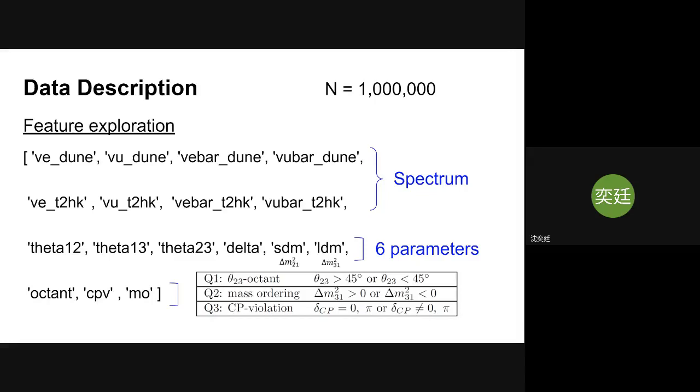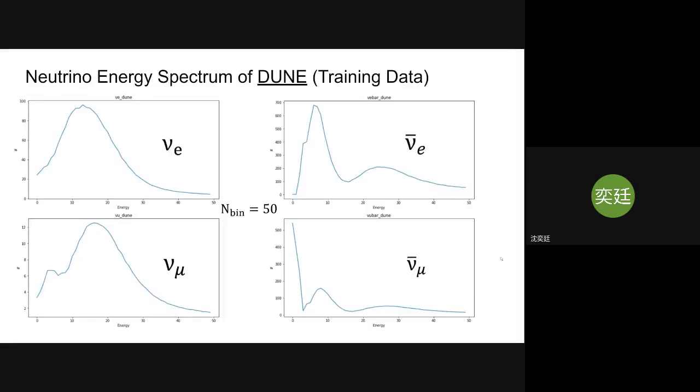Here, DUNE and T2HK are set by 2 experimental settings, such as the oscillation distance or the flux parameters, and they both use the same equation to generate neutrino spectrum. The middle terms are the 6 oscillation parameters, like theta. The last three terms are labels.